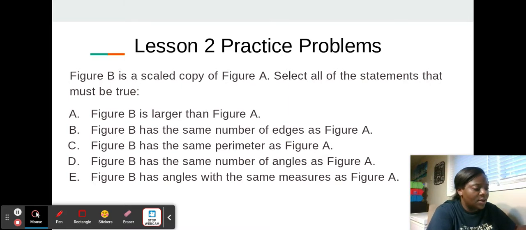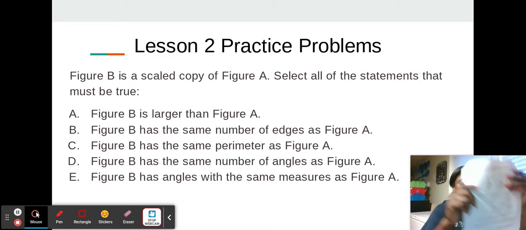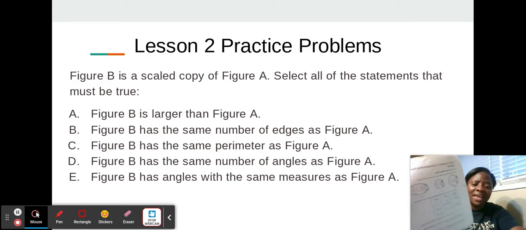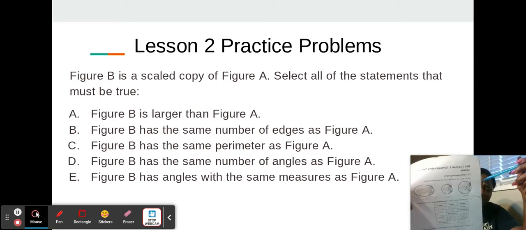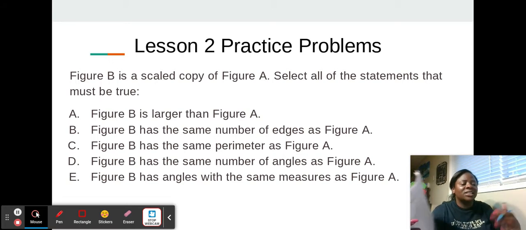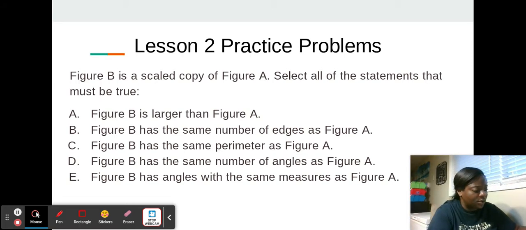B says figure B has the same number of edges as figure A. Does that have to be true? Yes, that has to be true. Because in order for it to be a scale copy, it has to look exactly the same. It can be smaller or larger or the same size, but it has to have the same composition, the same characteristics.